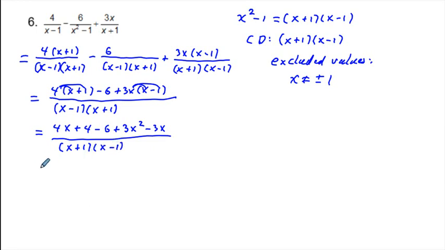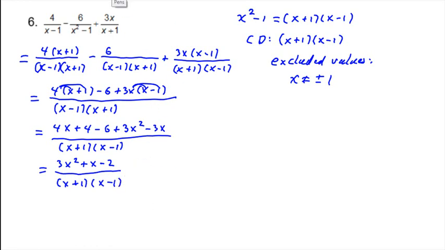And finally, we're going to try to combine like terms. So we have 3x squared, and then 4x minus 3x is plus x, and 4 minus 6 is minus 2. It's all over x plus 1, x minus 1.